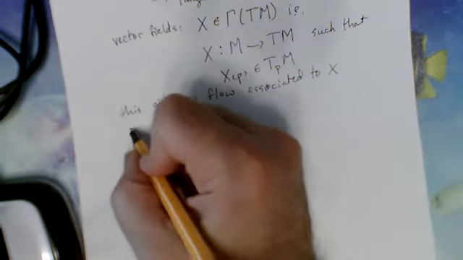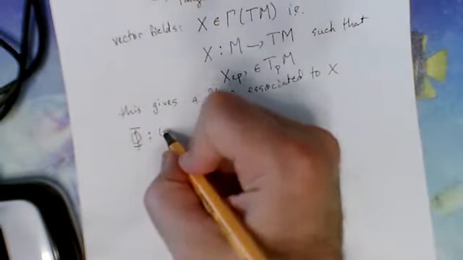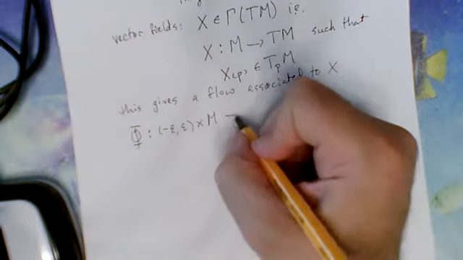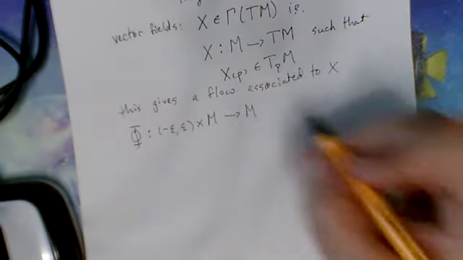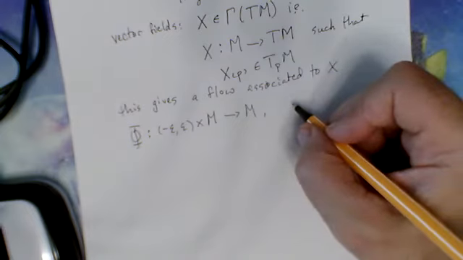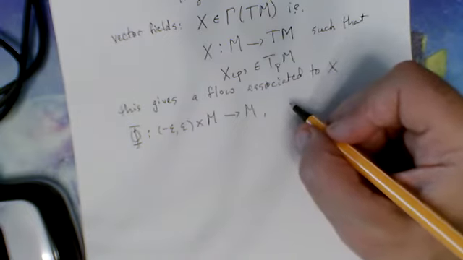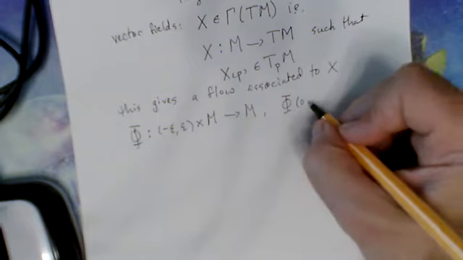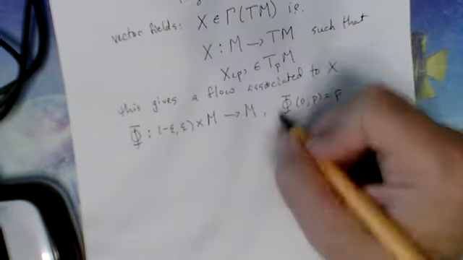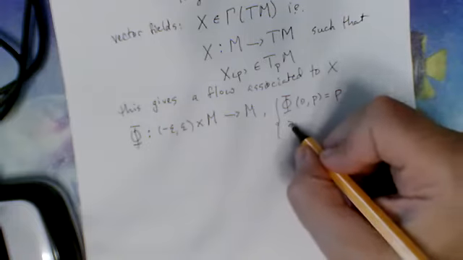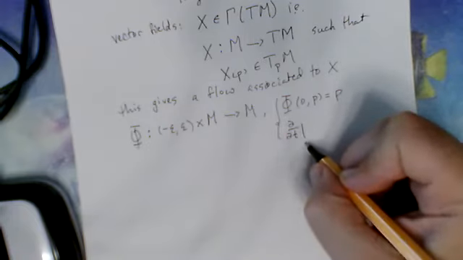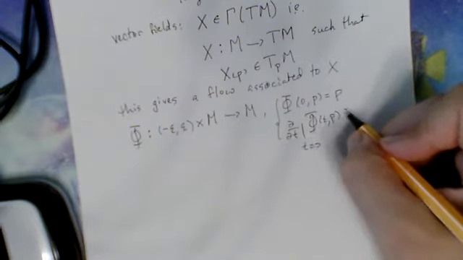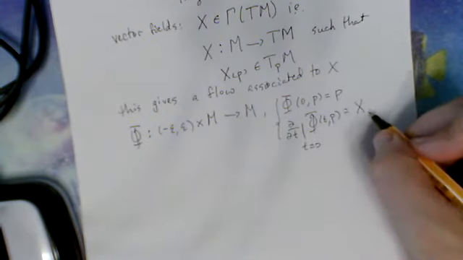This flow is going to be a diffeomorphism from some small interval about 0 crossed with M to M. And it's going to satisfy the condition that phi of 0, p is p, and the derivative with respect to t, evaluated at t equals 0, of phi of t, p is X_p.